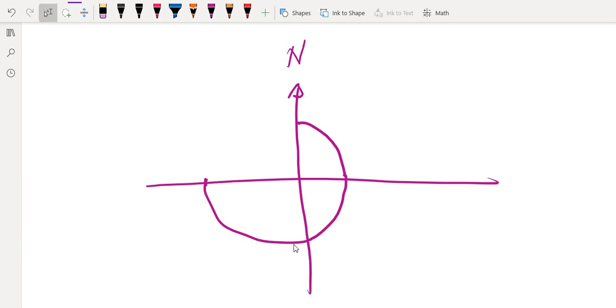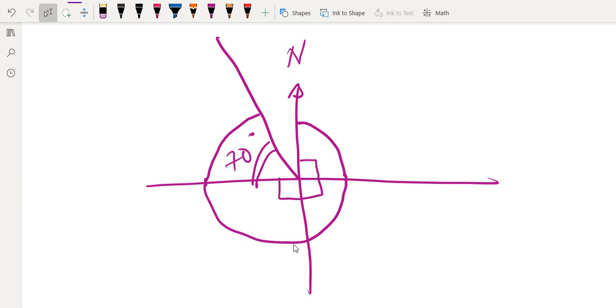We need 70 more. So we turn 70. So this is our 70 degrees. Do you get that? So this is your 340 degrees because this is 90, 90 and 90.